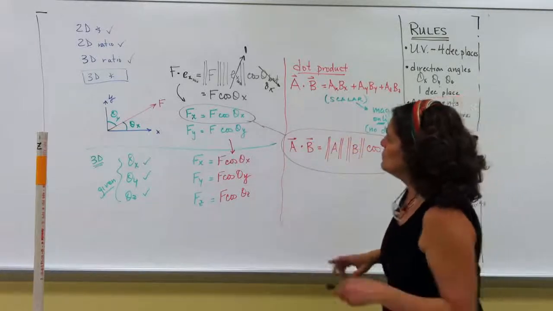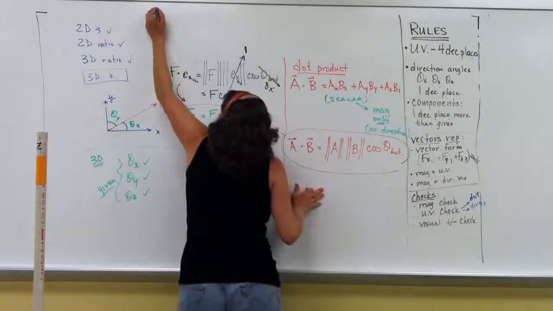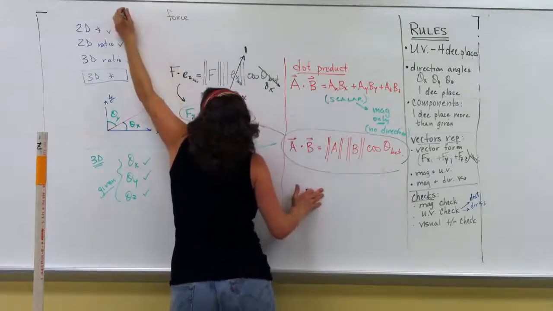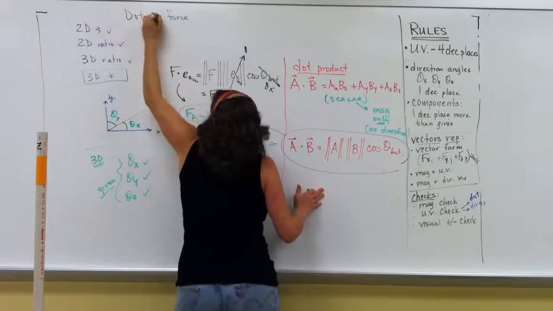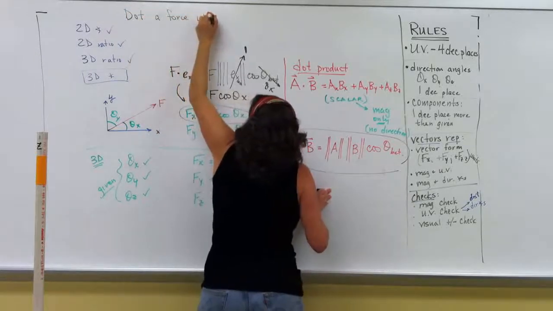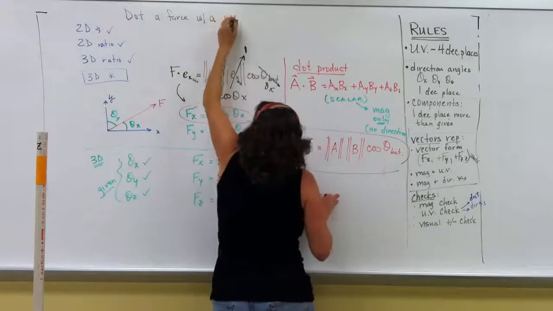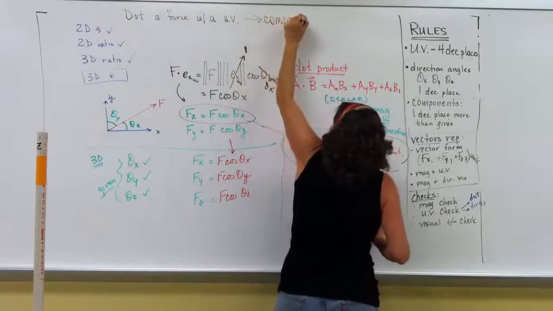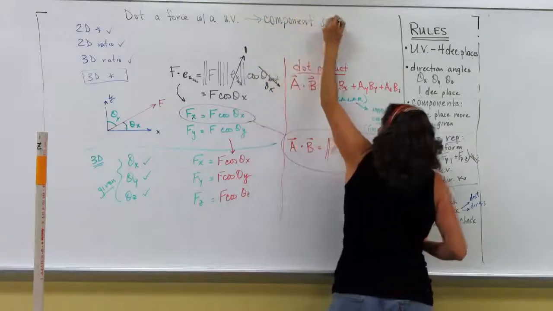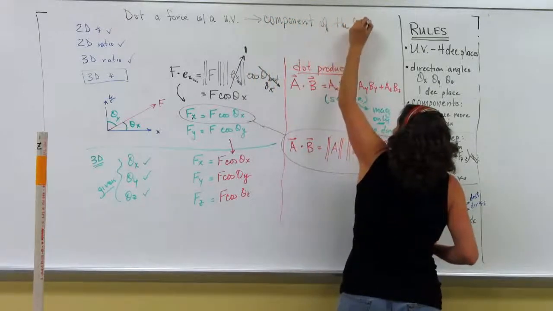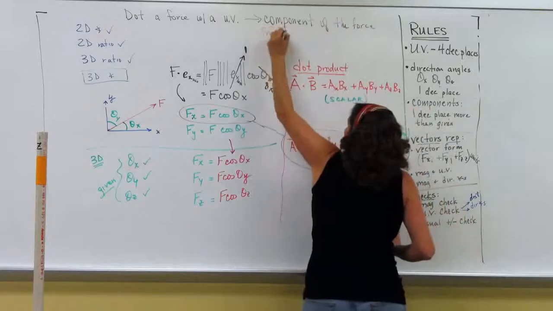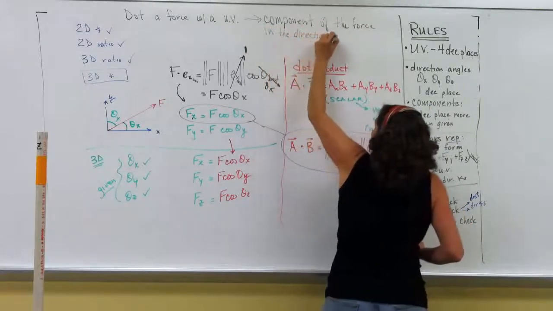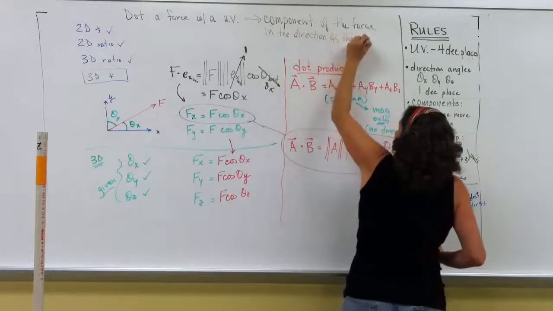Basically, if you take a force, if you dot a force with a unit vector, you get the component of the force in the direction of the unit vector.